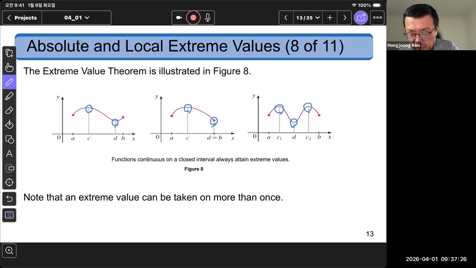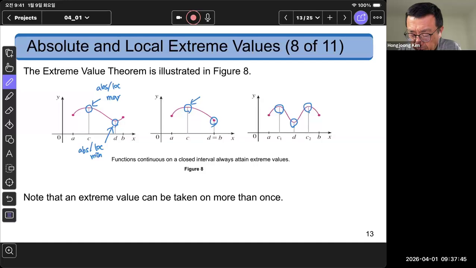Of course, this point is an absolute and local maximum, and this is an absolute minimum and also a local minimum.